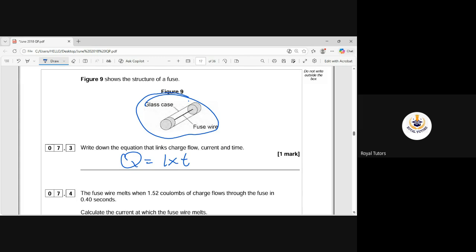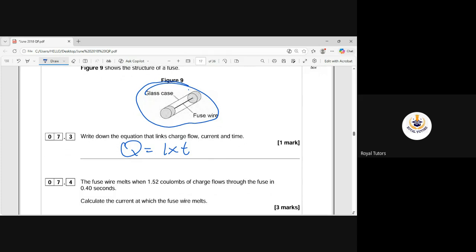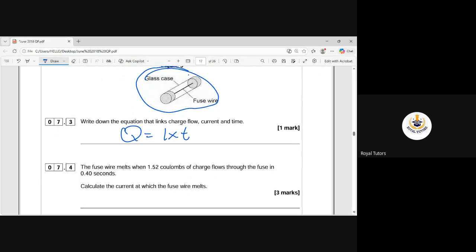If you remember from our last session together, I mentioned that whenever they ask you to write the equation that links something together, the next question often has to do with you calculating. So it says the fuse wire melts when 1.52 coulombs of charge flows through the fuse in 0.40 seconds. You have to calculate the current at which the fuse wire melts.